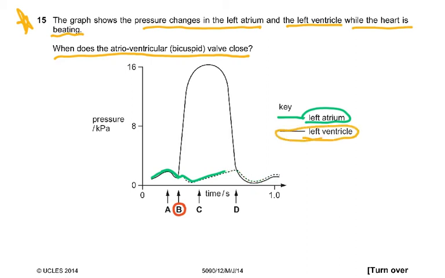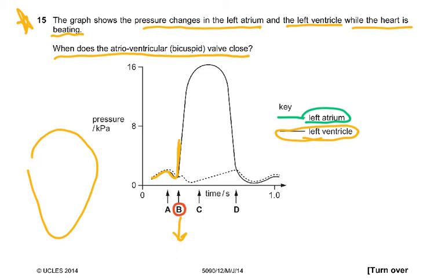If you look at the left ventricle now, what is going to happen? The pressure is rising at this point. This pressure is rising because the ventricular contraction has started. So the point B is where the ventricle is contracting and the atrioventricular valves close.